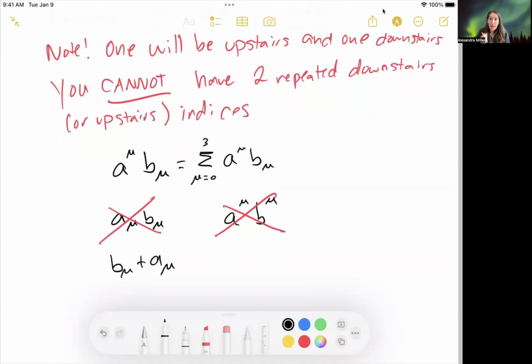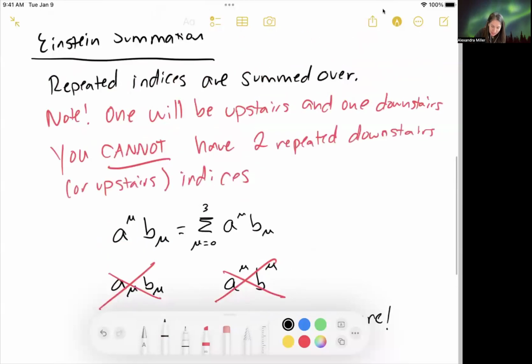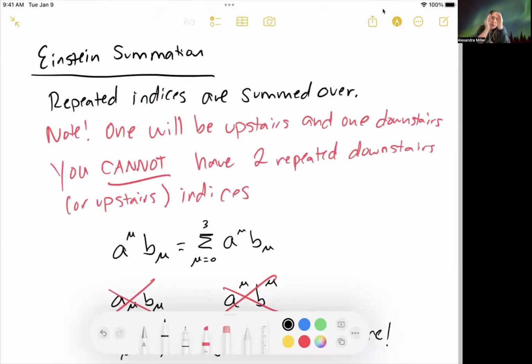So this is okay, and this is not summed over, I'll mention. This is good, and there's no sum here. I mean, there is a sum because I'm adding two vectors, but no Einstein summation convention. So when we're using Einstein summation, it's within a particular term in your expression. And I think as we do this more, that will become clearer.